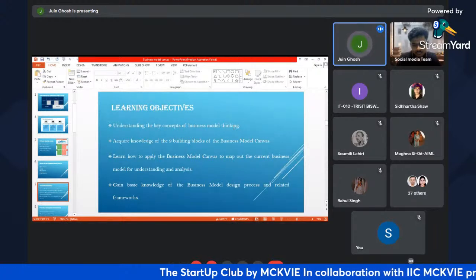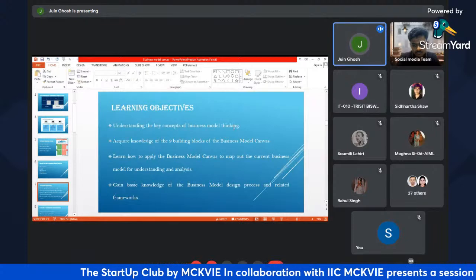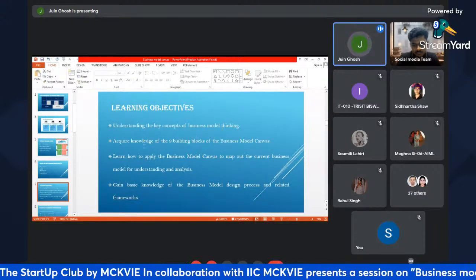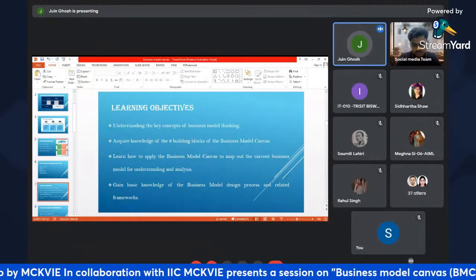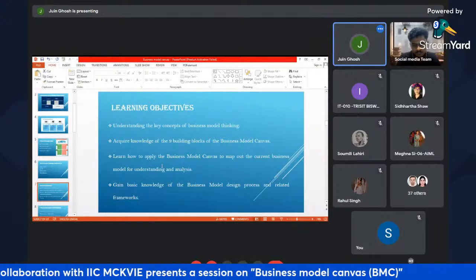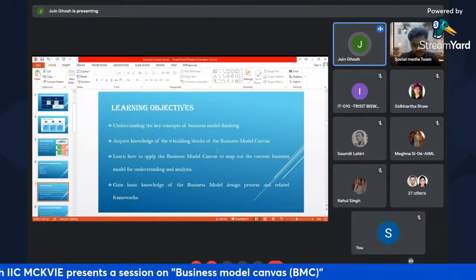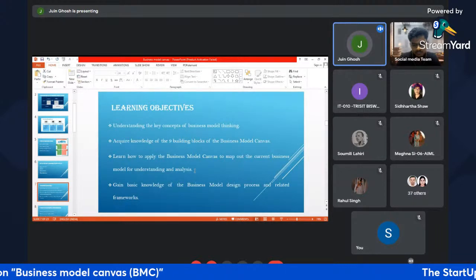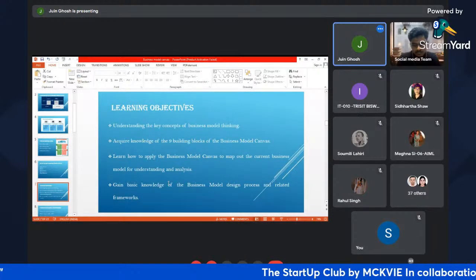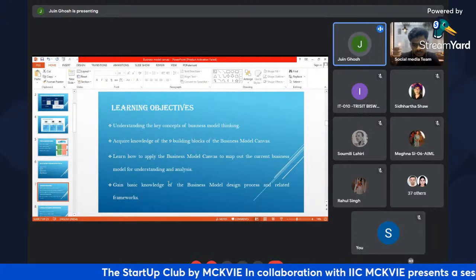And based on that, they need to develop the business model, acquire knowledge of the 9 building blocks of the business model canvas, learn how to apply business model canvas to map out the current business model for understanding and analysis, and gain the basic knowledge of business model design process and related framework.